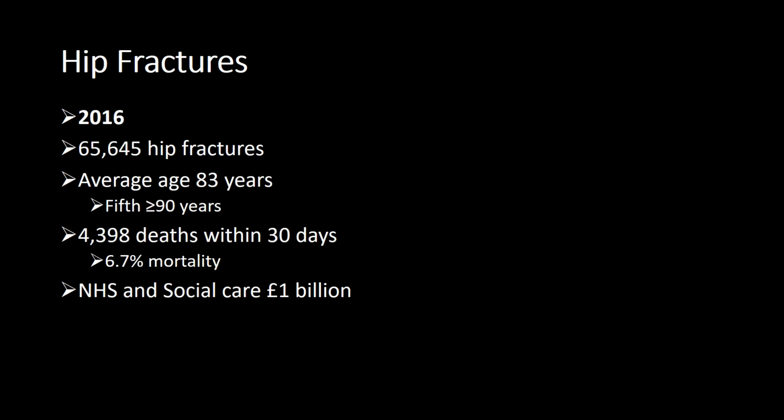Hip fractures, as I'm sure you're all very aware, are really common injuries. It's anticipated that by the time we reach 2020, we're going to be looking at around 100,000 hip fractures per year because of our increasingly elderly population, and that bill is estimated to rise to about 2 billion. So it's a huge burden on the NHS.